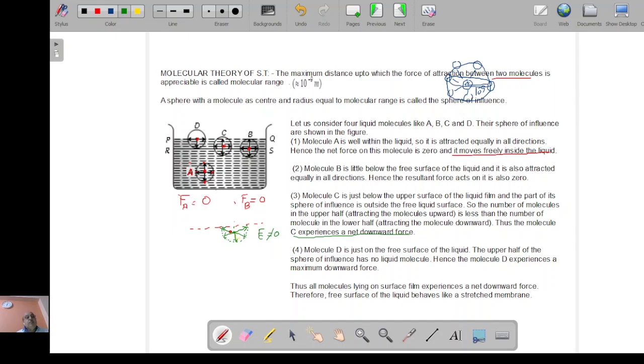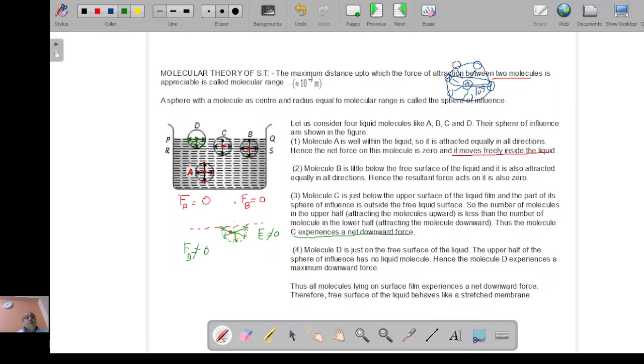Now if we consider the molecule D, which is on the surface, the net force will be either tangential or downward. The force acting on this molecule is either tangential or downward. So the net force on D will also not be zero, and it is also a downward force.